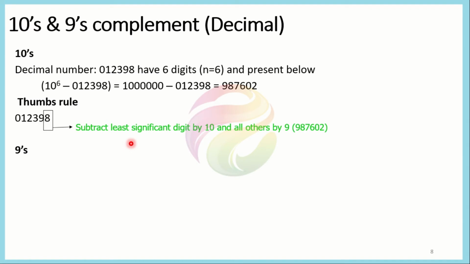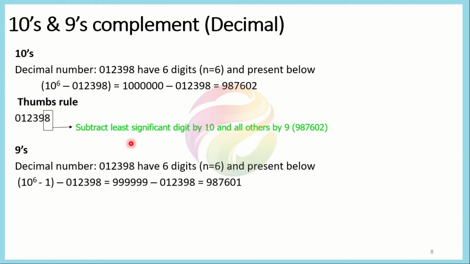Now, if we want to calculate the nines complement, we again have the same number here, represented with the same number of digits, 6. What we do is we have an extra minus 1 term here. So 10 to the power 6 minus 1, and then we subtract this number from it. So if we do the subtraction, we will get this result.